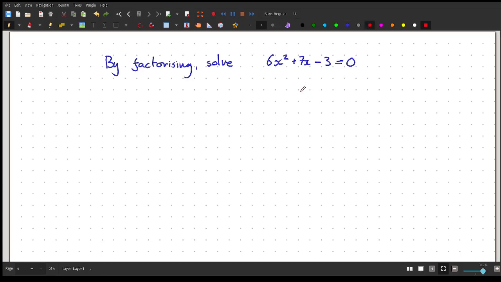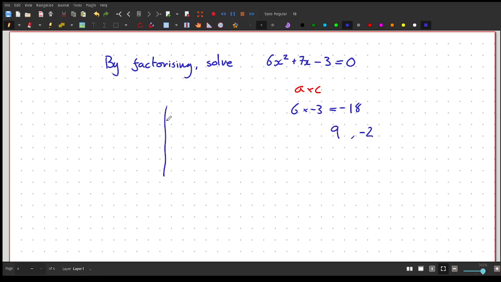So that means I'm going to take a times c, which is 6 times negative 3, negative 18, and I need a pair that are going to add to make 7 and multiply to make negative 18. I think that's going to be 9 and negative 2.